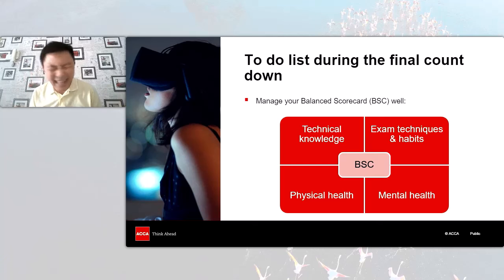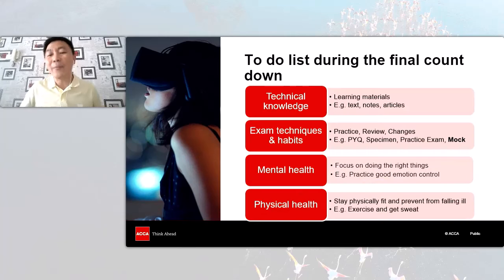Let's not forget to take care of your mental health, which is how you use your rational behavior to conquer your emotional behavior. And last but not least, please do not just focus on study, but go out and get a sweat for your physical health as well. So these are a bit of my detailed advice on what you are supposed to do on the technical knowledge.